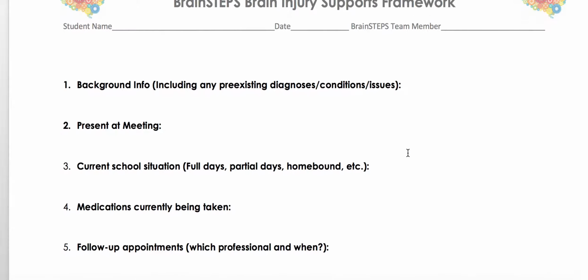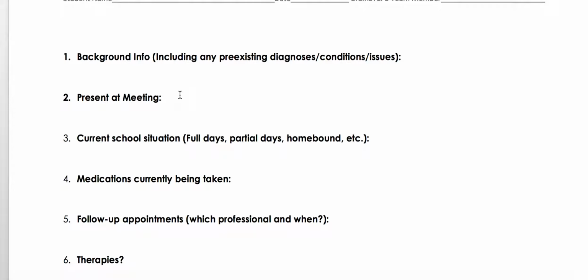And then once you go through all of the different kinds of symptoms, you can talk about any background information. So any pre-existing diagnoses, conditions. So maybe this student has a history of multiple concussions and a history of ADHD. And that's important to know because having a history such as this could very well prolong recovery.